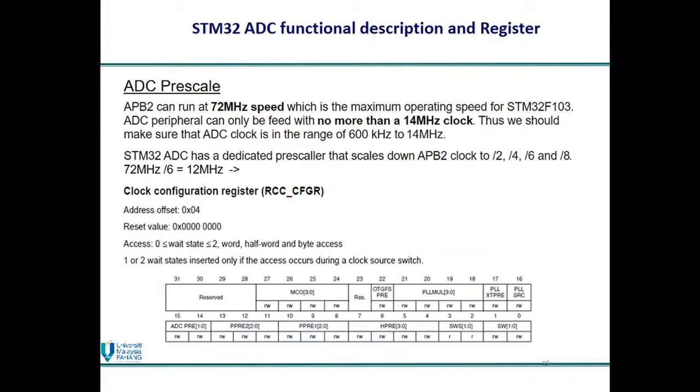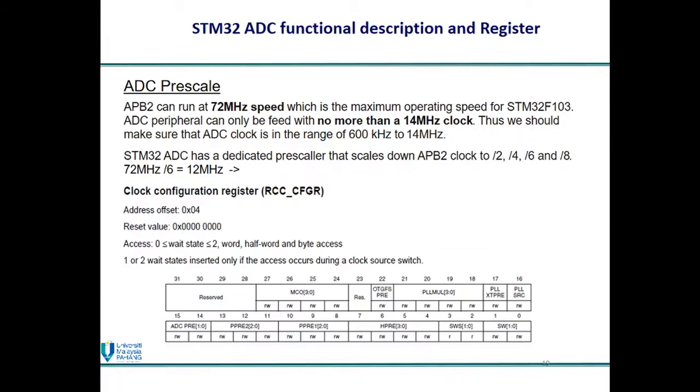So this can be done by configuring the clock configuration register. This figure shows the RCC register. So bit 14 and bit 15 are used to set the ADC prescaler.